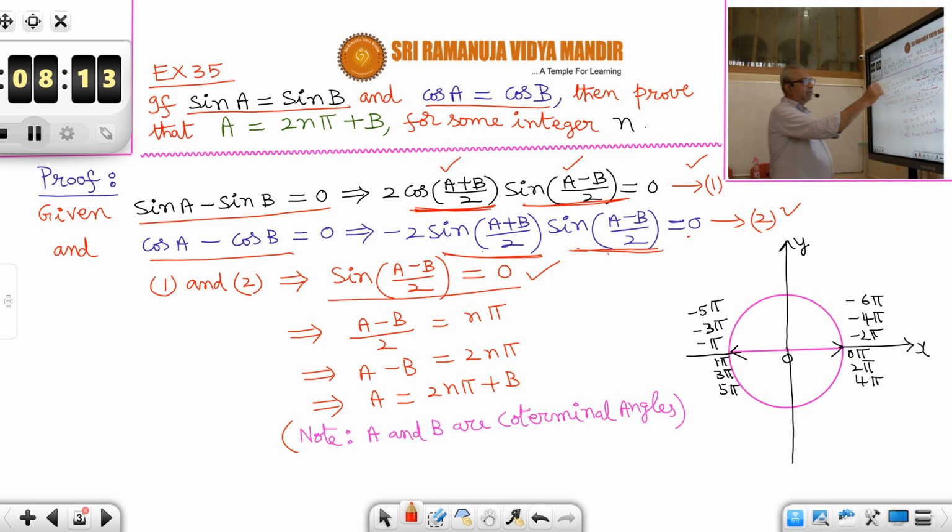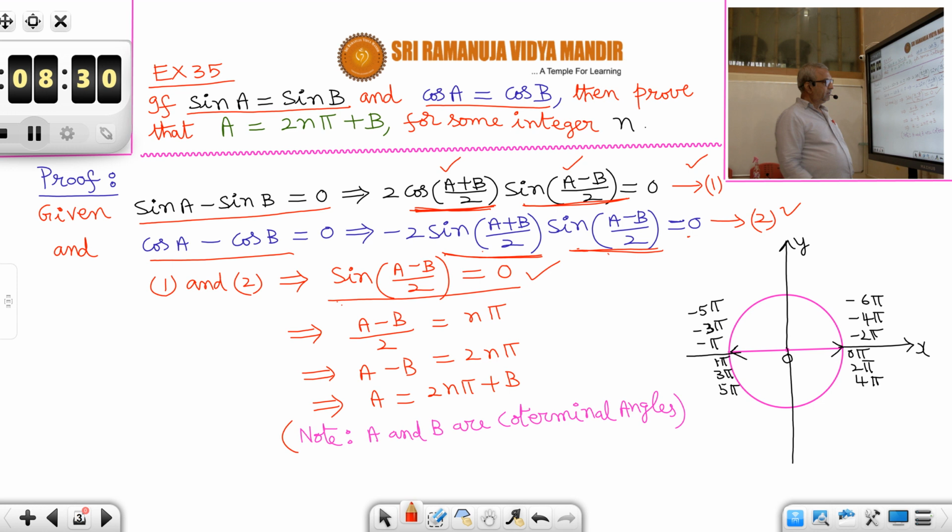So therefore we take this equation now: sin((A−B)/2) is equal to 0. Then what can you say about (A−B)/2? It can be 0, since sin 0 is 0. Not only 0, there are several other angles. See the diagram here: 0 pi, 1 pi, 2 pi this side, 3 pi left side, 4 pi right side, 5 pi left side, like this.